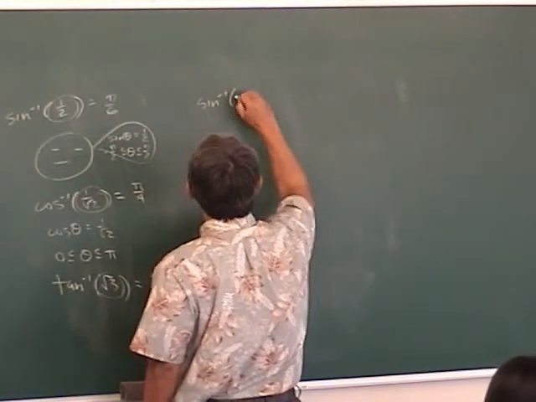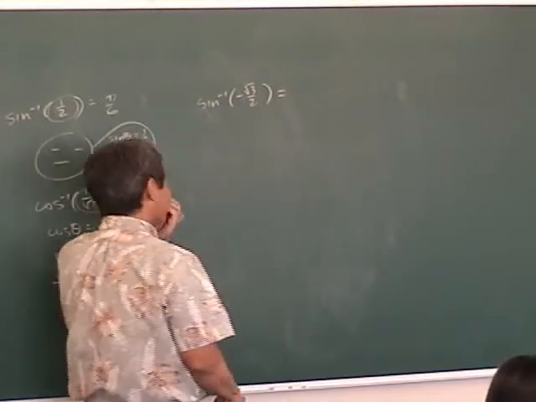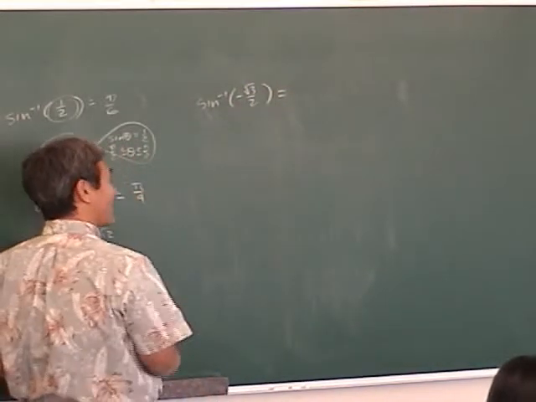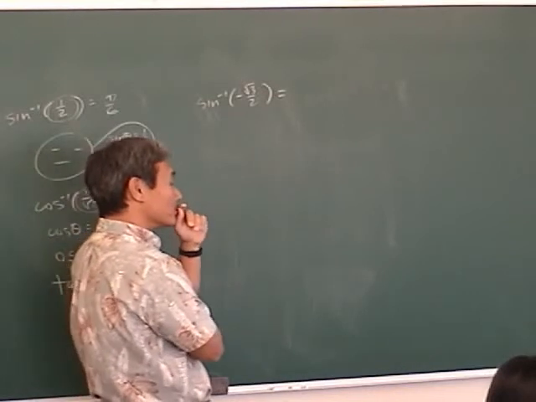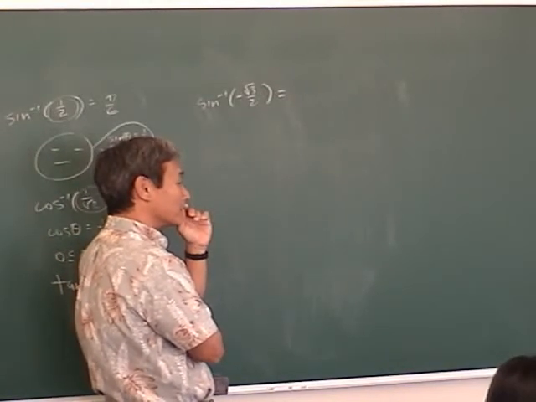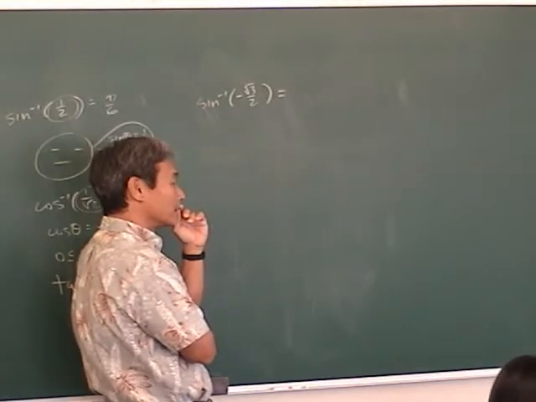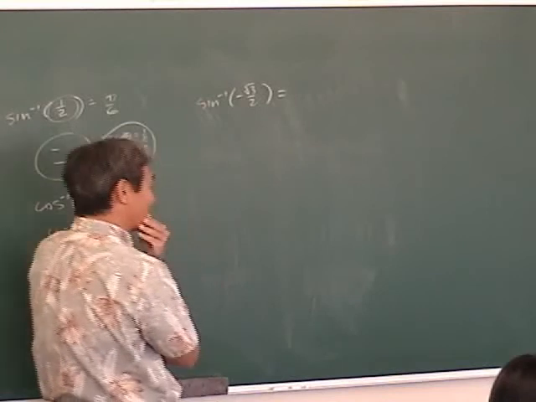Sine inverse -√3/2. Sine of what angle is -√3/2, and the answer has to be in the range. Where is sine negative root 3 over 2?